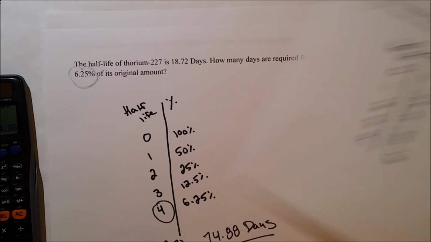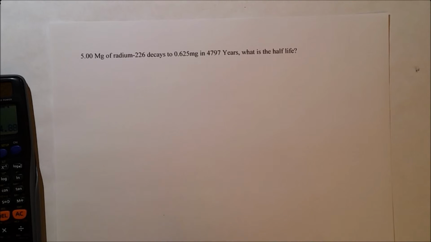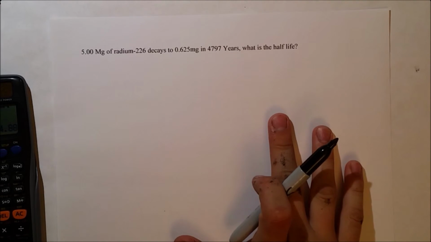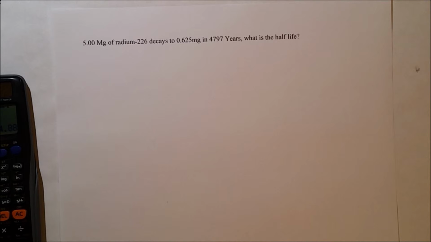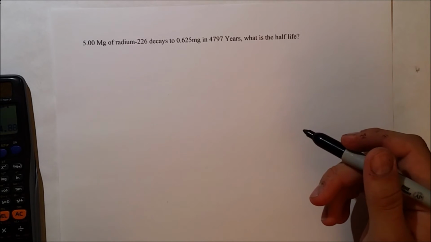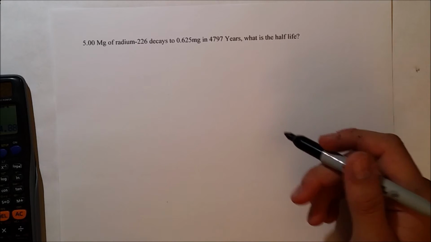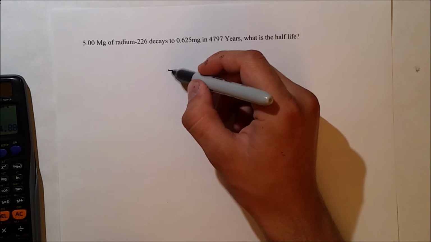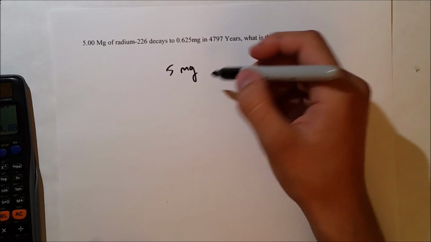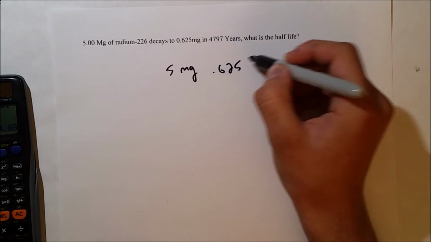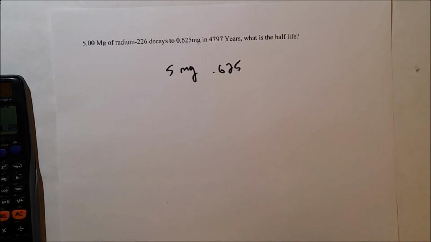The last kind of problem I want to do real quick is a reverse problem, which we should really know how to do if we've taken algebra, but I just want to go over it. This gives us the reverse. We started with 5 milligrams, and we ended up with 0.625 milligrams. So we're just going to go down.